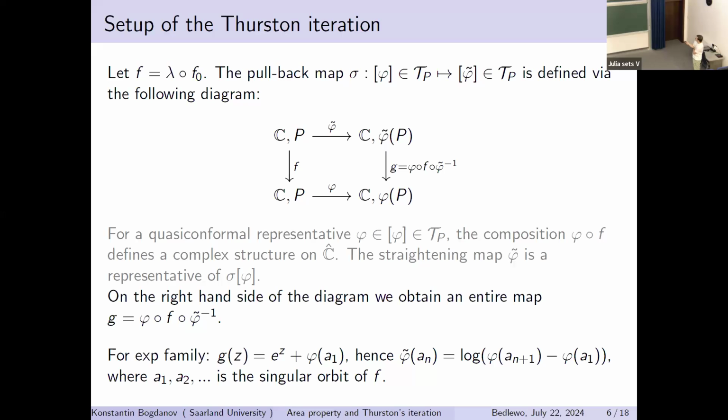Then we integrate the Beltrami differential upstairs and obtain some quasi-conformal map phi tilde, such that the resulting map G is entire. Then on the level of equivalence classes, the image of the isotopy class of phi is the isotopy class of phi tilde. It's quite easy to check that this is well defined on the level of isotopy classes.